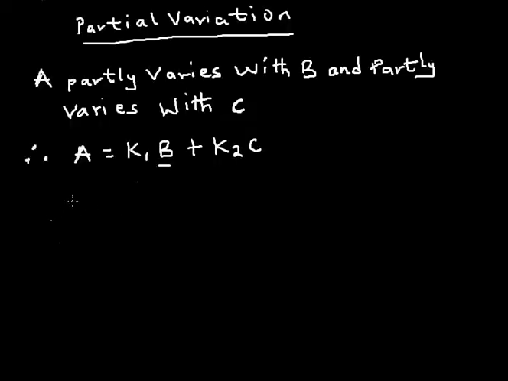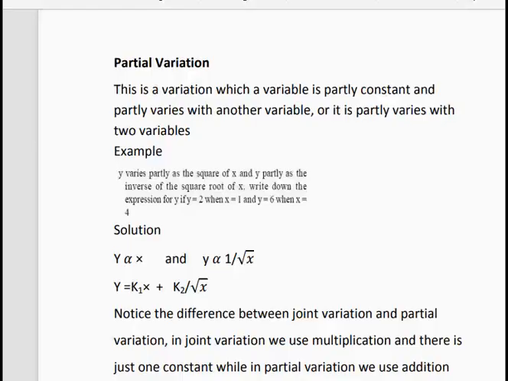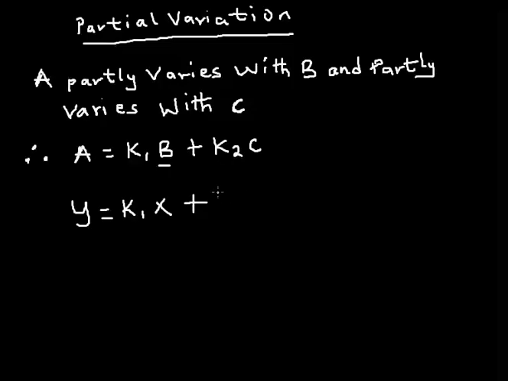So that means y varies partly as the square of x. That is, y is going to be k1 x squared, and at the same time the same y varies partly as the inverse of the square root of x. So that would be k2.